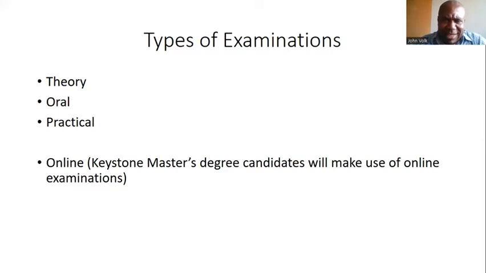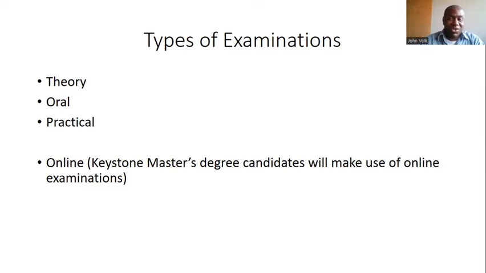Typically, there are three types of examinations, and the fourth type, which is just a method, is the online examination type. Okay, we have the theory examination, the oral examination, and practical examinations, then the online examinations. Now, the theory examination is one where a student is examined on the theoretical aspects of the course.